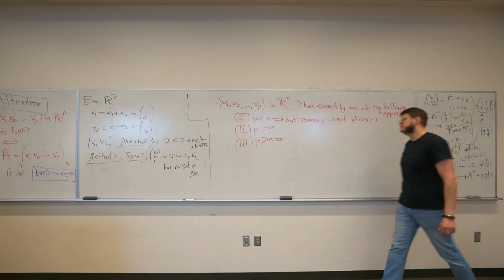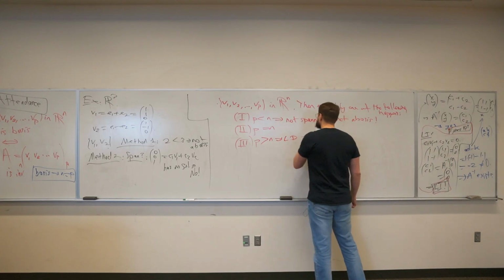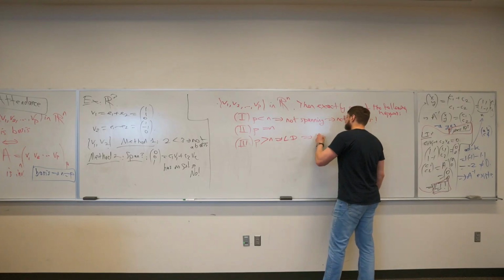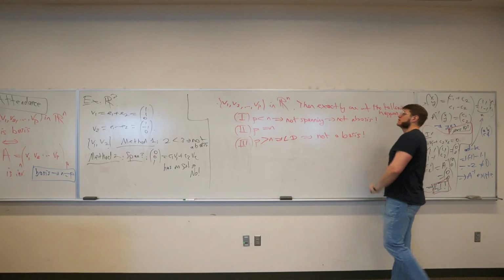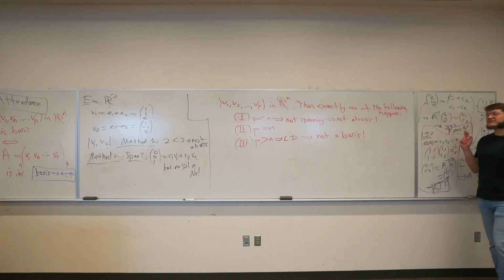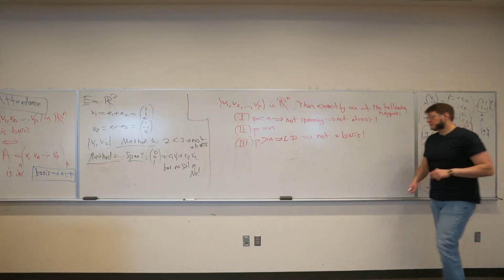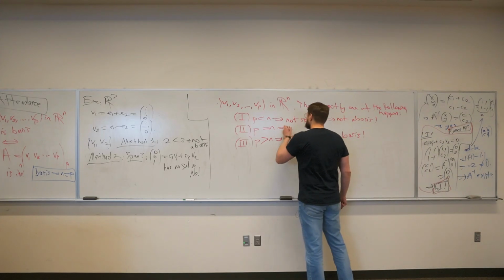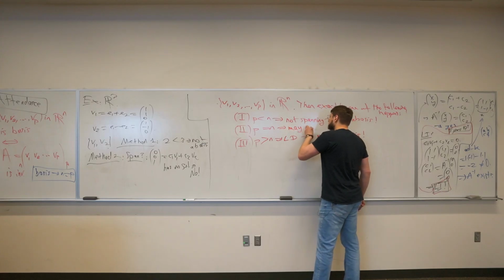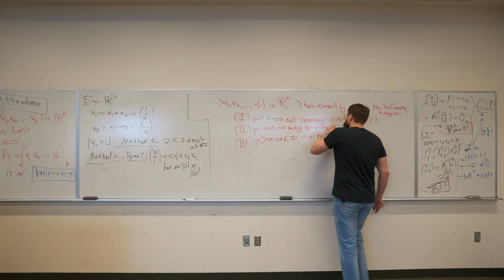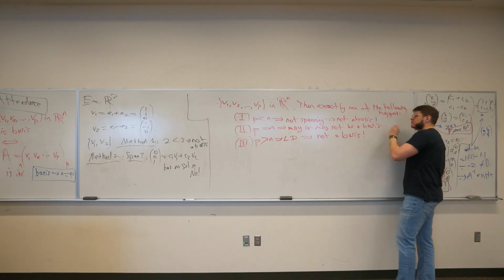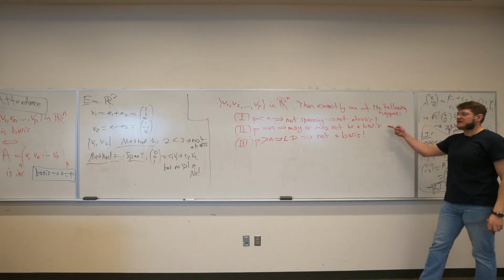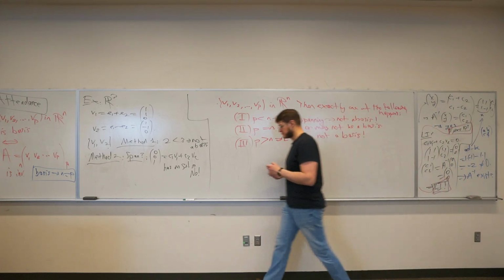So they're going to be linearly dependent, which means, again, it's going to fail to be a basis. If p is equal to n, either can happen. It may or may not be a basis. So this is the case where you do need to do some calculations.